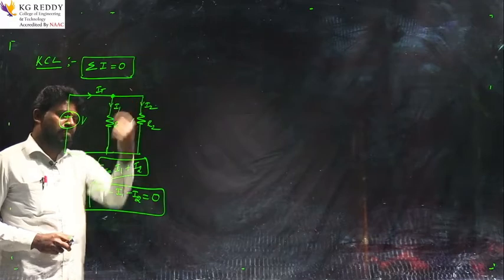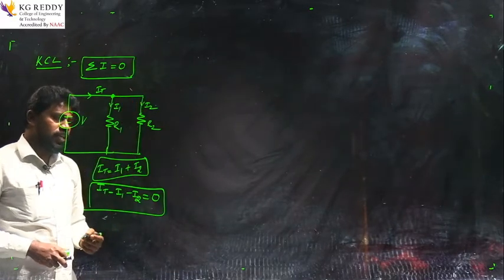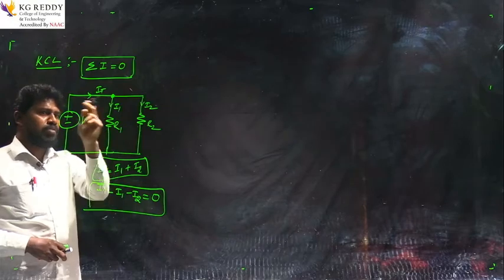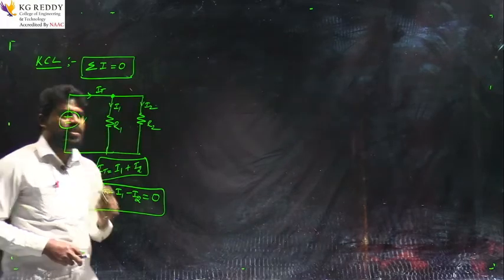How can we define a node or junction? Here there are two elements, and this is one more branch, the voltage source.